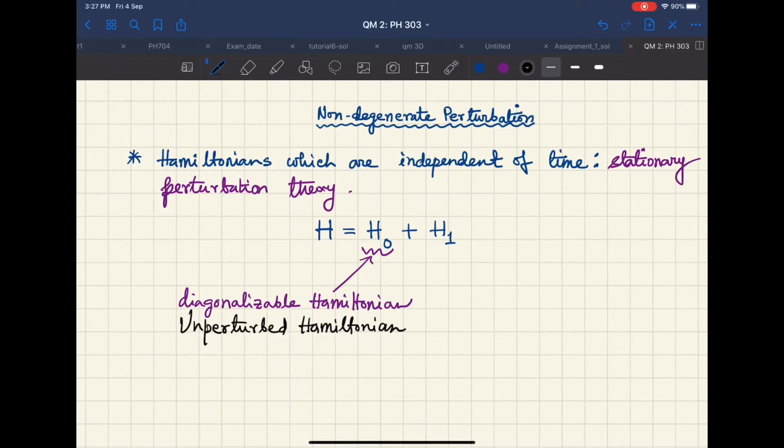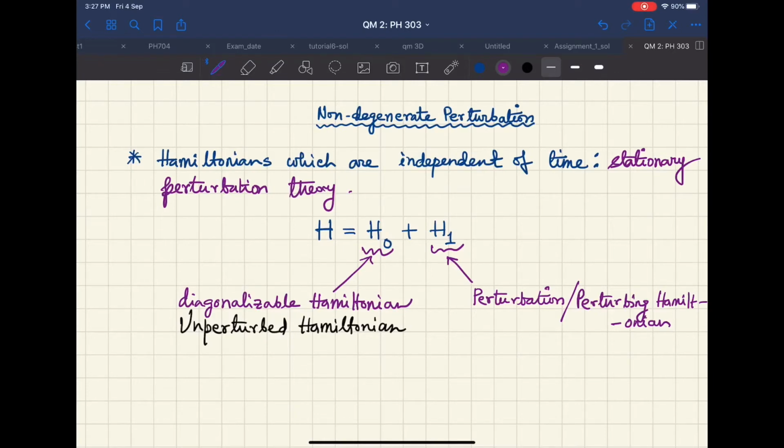Then you will ask, what is my H1? This H1 should therefore be nothing but the perturbing Hamiltonian. This is the perturbation, or perturbing Hamiltonian, or also sometimes called the correction to H0.